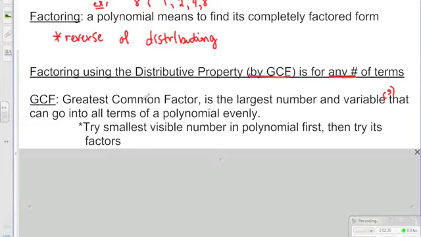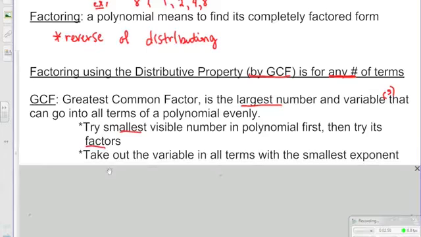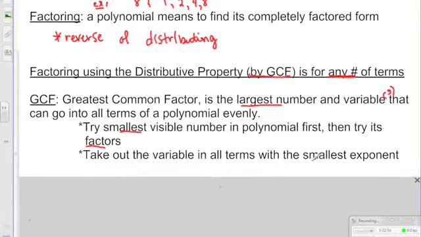Now, the very first thing you're going to try, if we're looking for the largest number that can go into all of them evenly, is try the smallest one that you can see. Try it first and then try its factors. And then we're going to take out the variable that is in all the terms with the smallest exponent. We'll see why here in a second.